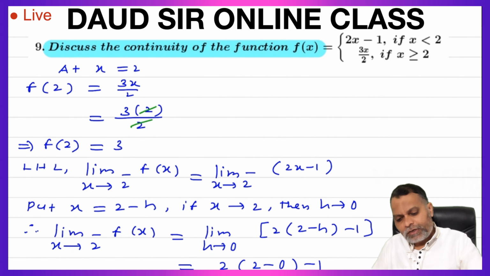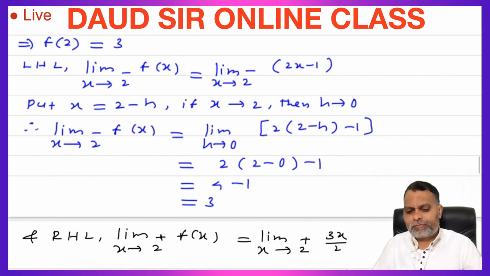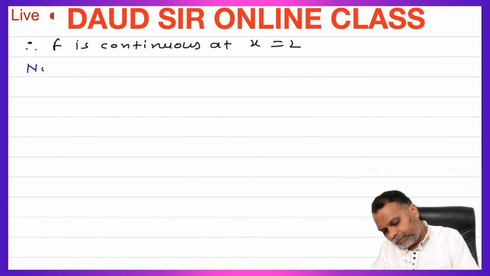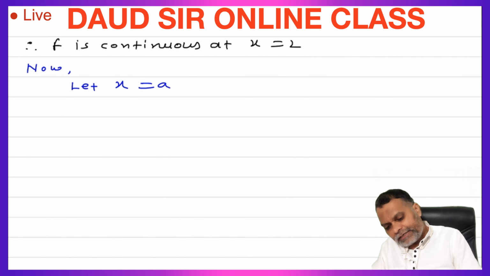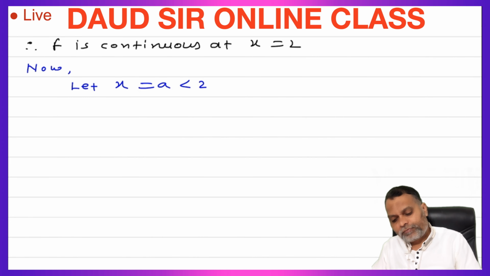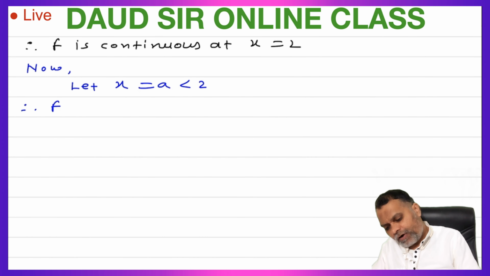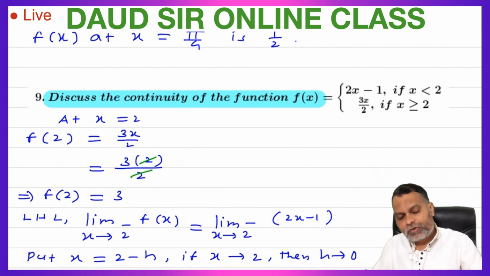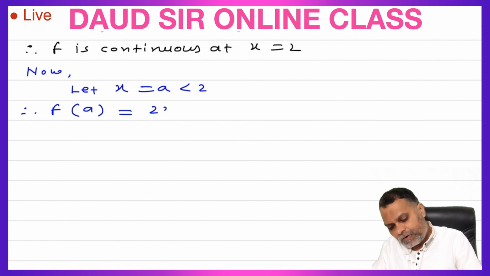So now the function is given for x less than 2, so we can check the continuity at x less than 2 and x greater than 2 also. Now let x is equal to a and a is less than 2. Therefore, f of a is equal to, here x is less than 2, so take this function 2x minus 1.